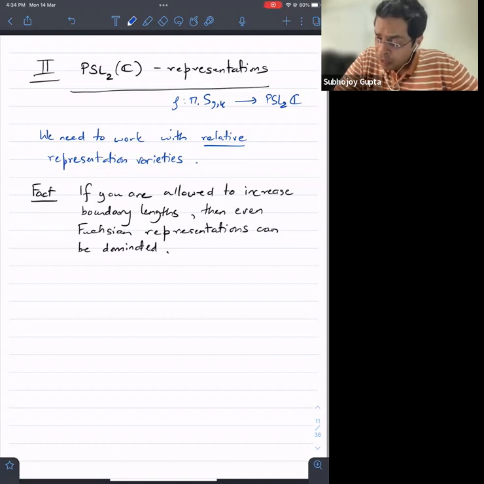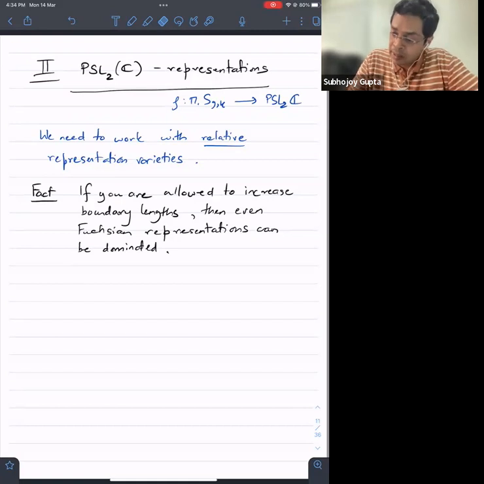One of the things we need to do is work with the relative representation varieties, and this is because if you're allowed to increase the lengths of the peripheral curves that bound the punctures, then even Fuchsian representations can be strictly dominated. And this is, again, a construction that goes back to Thurston, called Thurston's strip deformations.